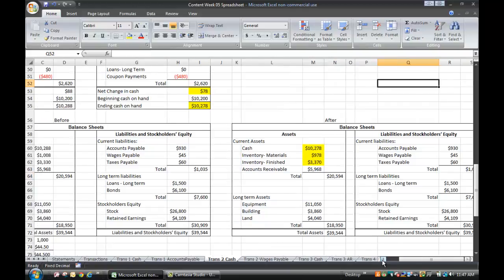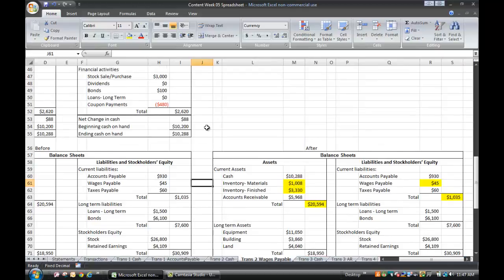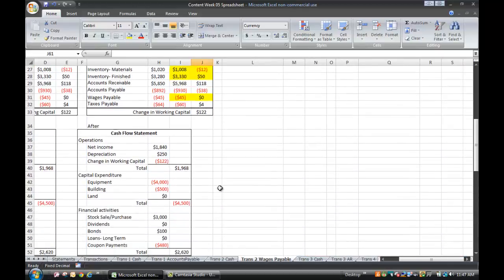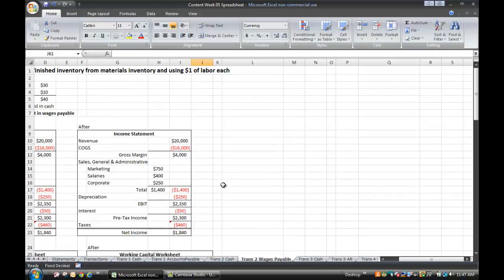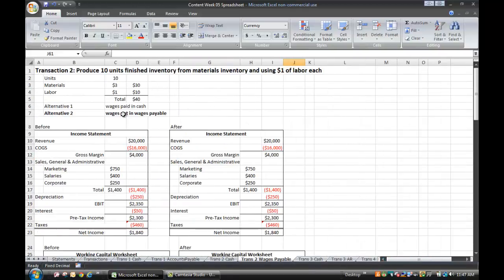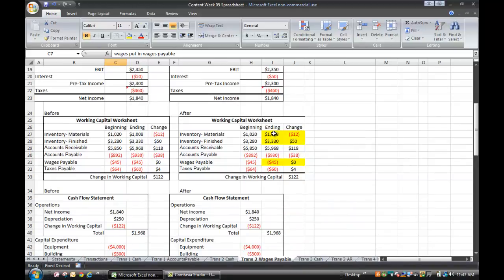But we will when we essentially charge the labor. They work the day, but they don't get paid until the end of the month or the end of the week or whatever. And so now we're going to do the second part of this, which is wages put in wages payable. Again, it does not affect the income statement. Inventory materials, just as before, goes down by 30.